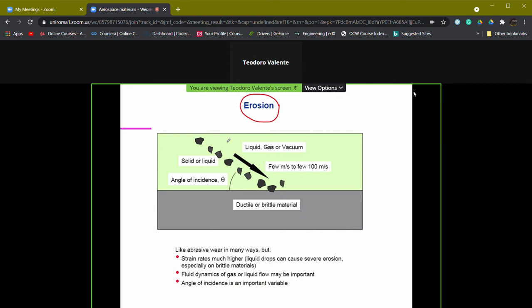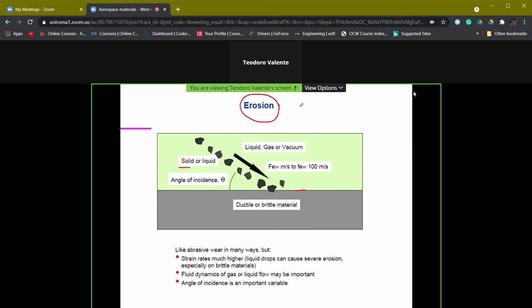In most cases we are talking about liquid transporting solid particles, which impact on the surface of the materials and cause material consumption, that is wear due to erosion.